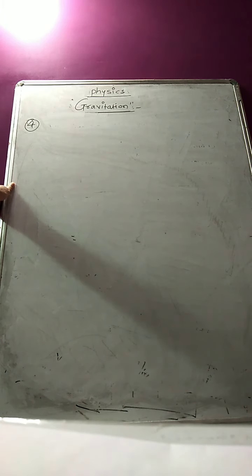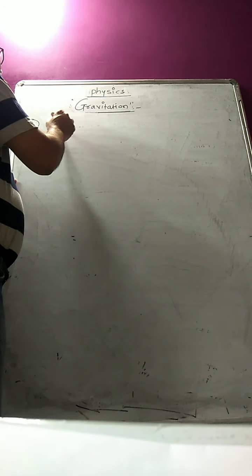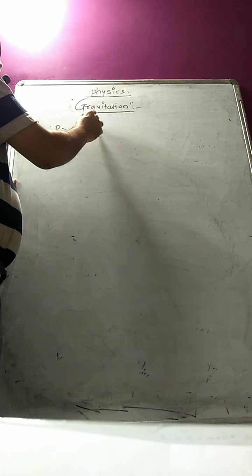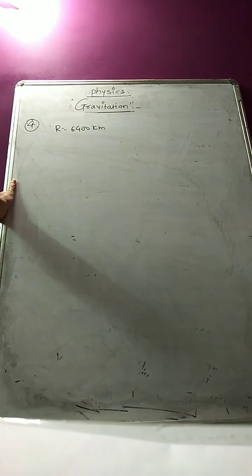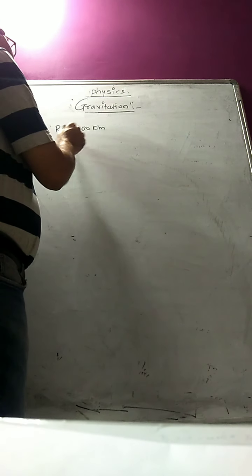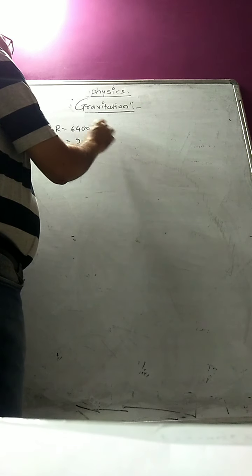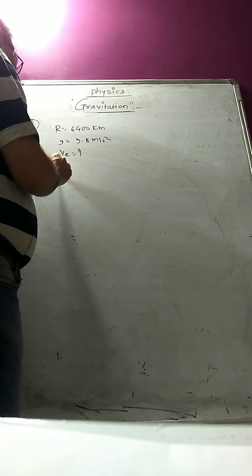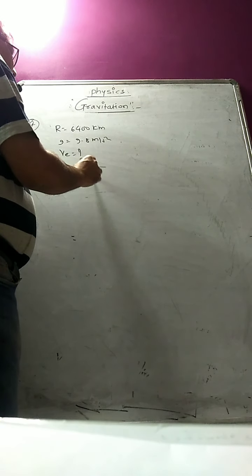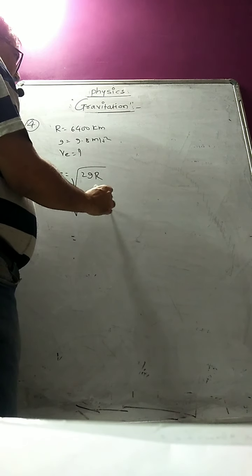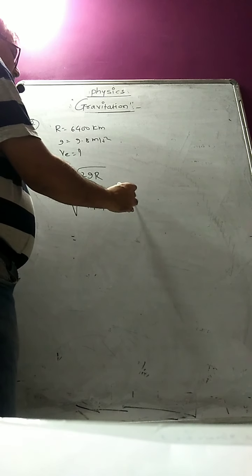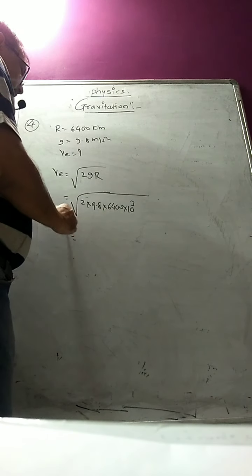Calculate the escape velocity of a body from the surface of Earth where R is 6400 kilometer and g is 9.8 meter per second square. What is the escape velocity? Escape velocity is equal to square root of 2 times g into R, that is 2 into 9.8 into 6400 into 10 raised to 3 meter per second.